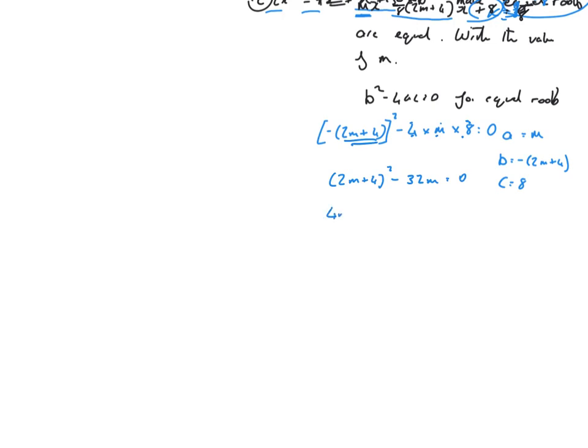So that would be 4m squared plus 4 times 2m is 8m, plus another 4 times 2m is 8m again, plus 4 squared is 16, minus 32m is equal to 0. Okay, so that's 4m squared, 8m, 16m, take away 32m is minus 16m, plus 16 is equal to 0.